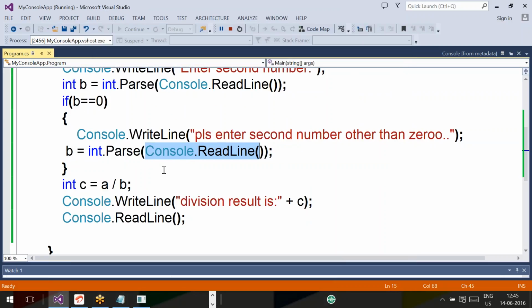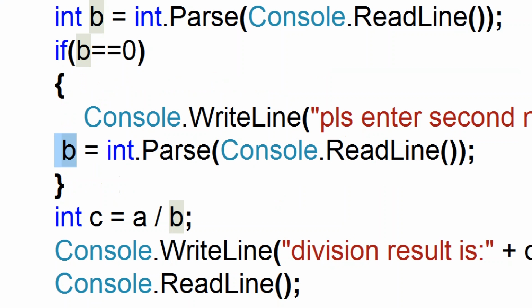Then what will happen? Again you entered 0, so B is again 0.